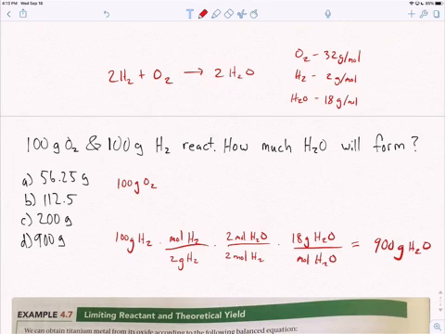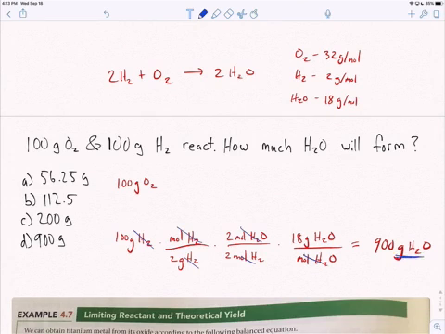And 18 is the atomic mass of H2O. See how it's basically a 1-to-1 or 2-to-2 ratio? But you look at the units. And then this cancels, because then you have 4 H's and 4 H's in this.